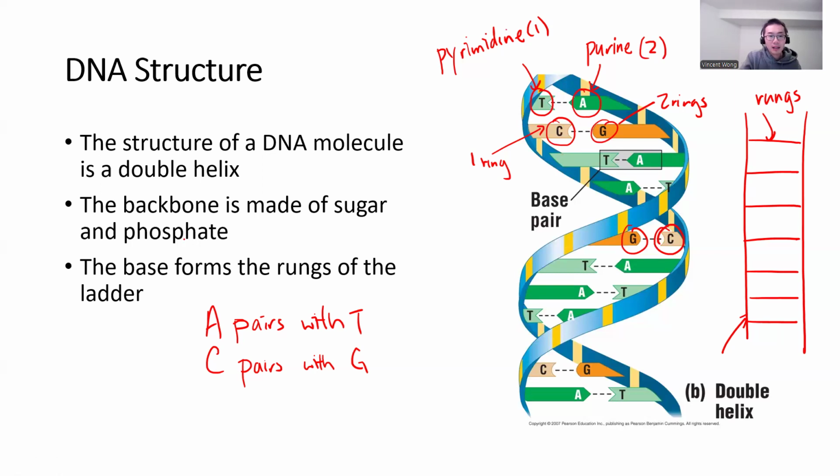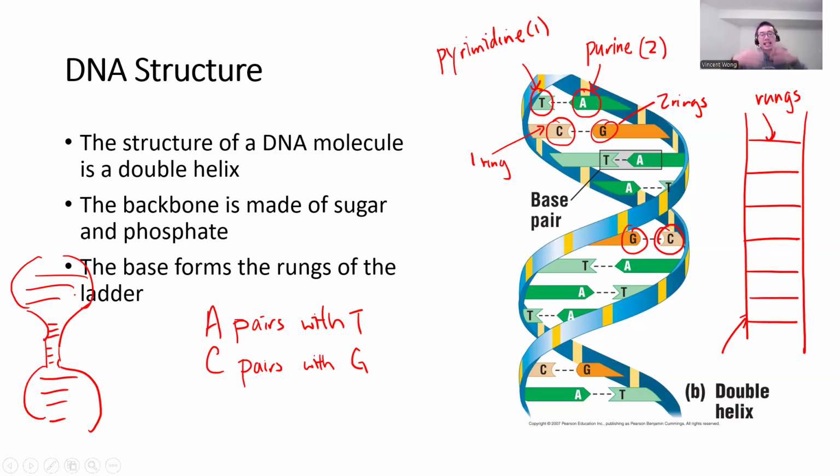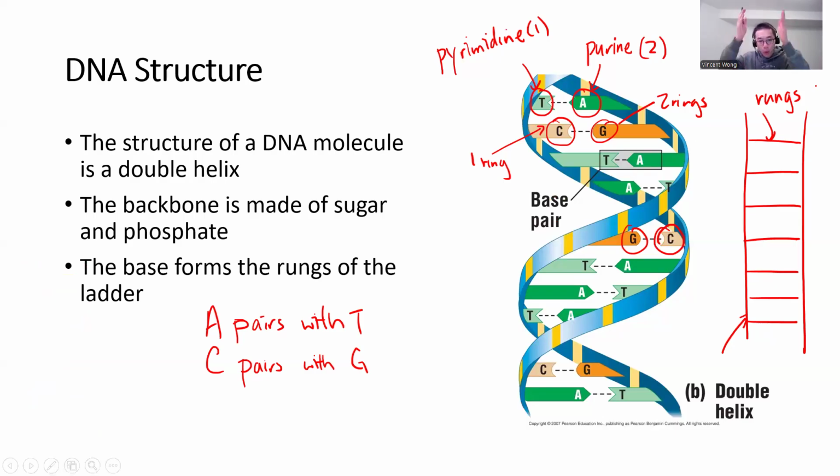If we do that, then your ladder is going to have some part bulging, some part skinny, and then some part bulging out again. It's going to be very inconsistent, the structure is not strong, and it's going to break easily. So this base pairing rule ensures the DNA has consistent width along its entire length.